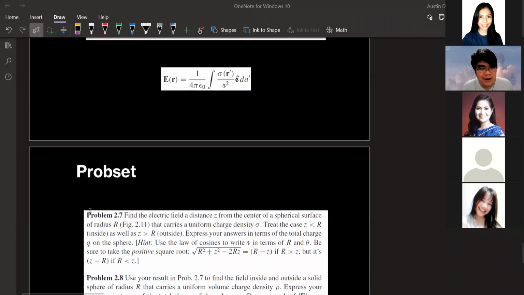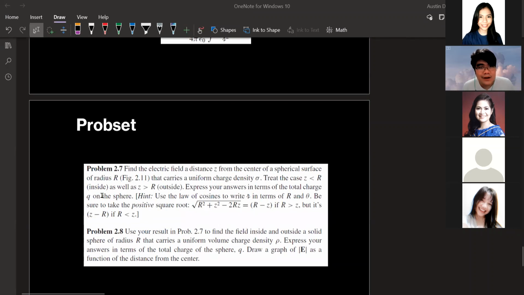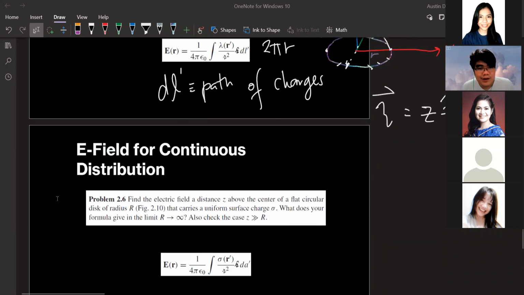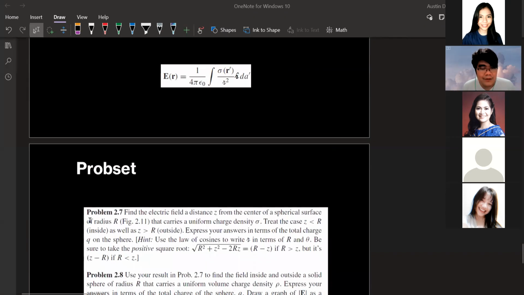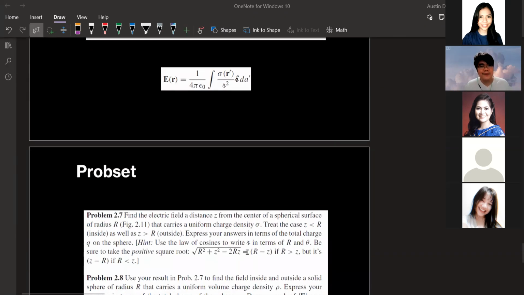Yung problem set na to ay ipapasa before the next meeting. So, ito isa-solve ko sa next meeting. No need to solve this, but you can solve this on your own if you want to challenge yourselves. So, yung problem set natin ang deadline, ito will be before the next meeting.